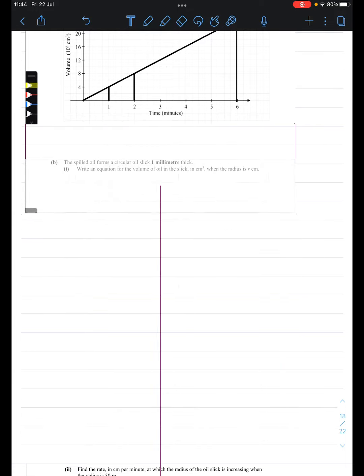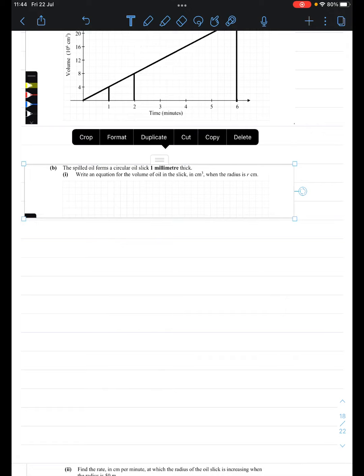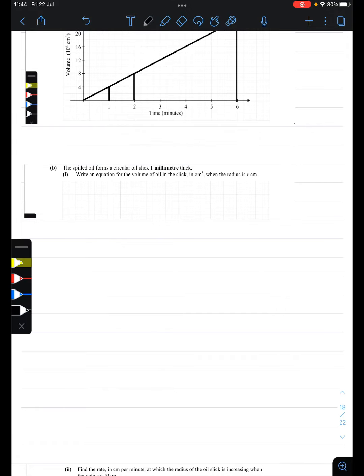The oil forms a circular oil slick 1 millimeter thick. Okay, circular, 1 millimeter thick. Write an equation for the volume of oil in the slick in centimeters cubed when the radius is r centimeters. Alright, well, we have a circular oil slick 1 millimeter thick.